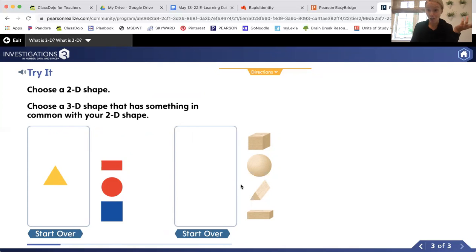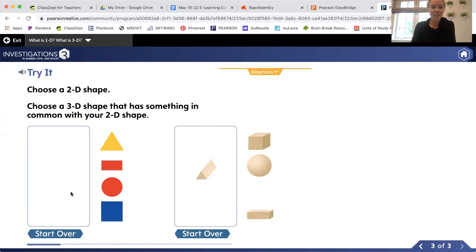Yeah, that's a triangle. So I'm going to look over here to which 3D shape maybe looks similar to the triangle. And you know what? I see on this shape, there actually looks like a little triangle right here on the front. So I think that those two shapes go together.